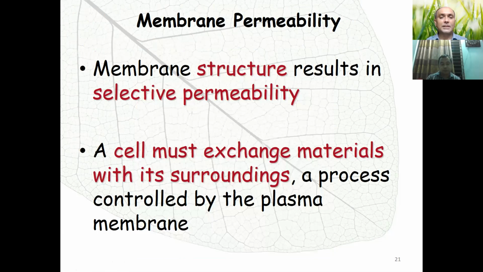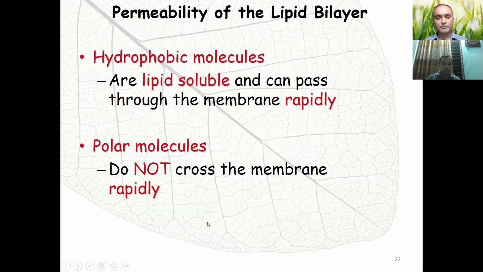Membrane permeability. Membrane structure results in selective permeability. A cell must exchange materials with its surroundings, a process controlled by the plasma membrane.